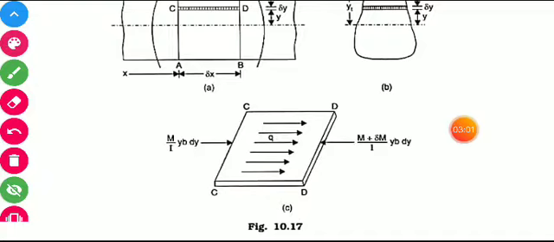We know that force will be equal to stress into area.